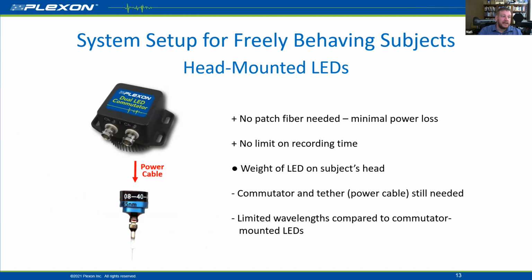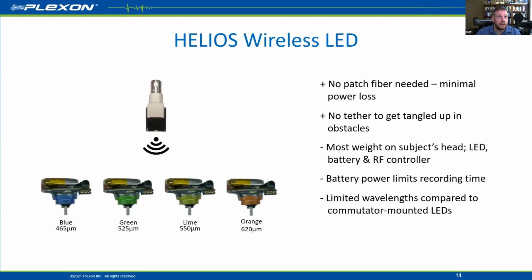However, now that you put the LED on the subject's head, you're adding weight to the subject's head. And so especially with smaller subjects like mice, that's more likely to affect their behavior. Also, shrinking this LED down results in limited wavelengths. There are only 4 available, which is the same for the wireless LED: blue, green, lime, and orange.